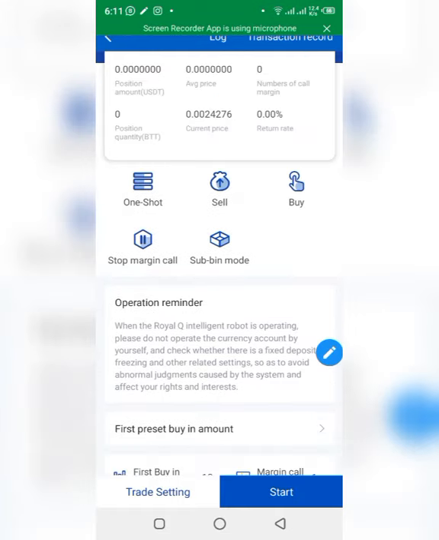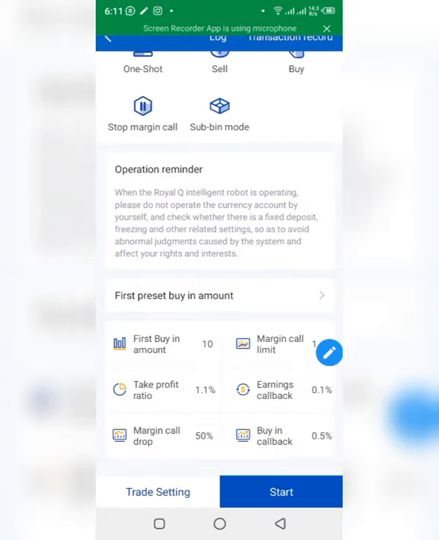Now I will show you something. You see this stop margin call, if you don't want the bot to buy the dip, because some coins that are very funny might drop sharply, maybe 50%, and if you are not aware, it will definitely buy the dip for you.